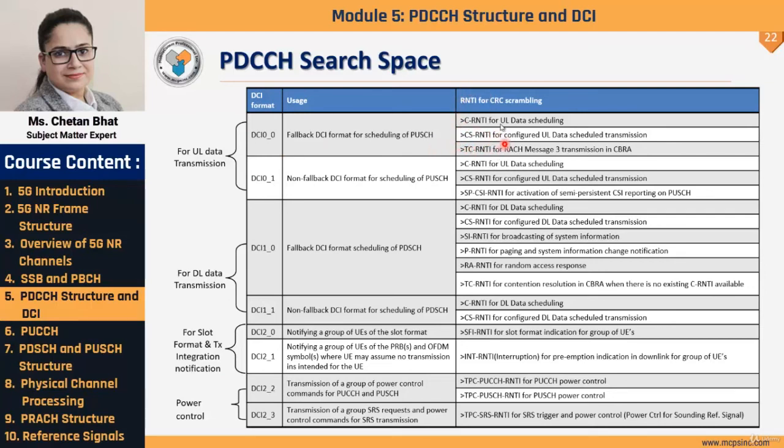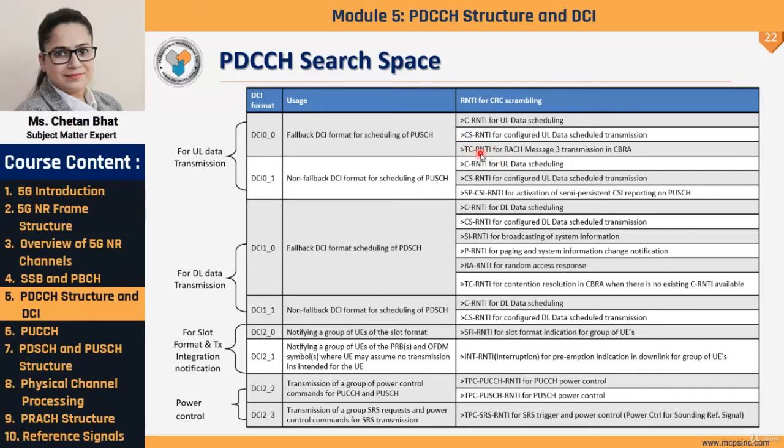RNTI is again not a new concept. It started from 4G, where we have different RNTIs with respect to different sets of information. If we are talking about message 3, then the identity allocated to the user equipment by the gNodeB will be the temporary C-RNTI, or temporary cell radio network temporary ID.